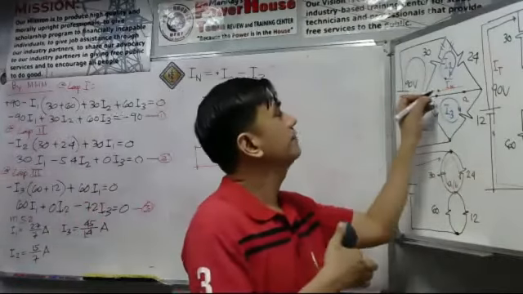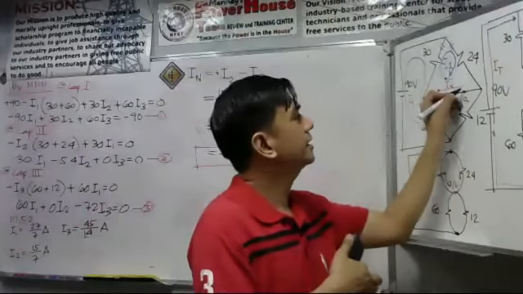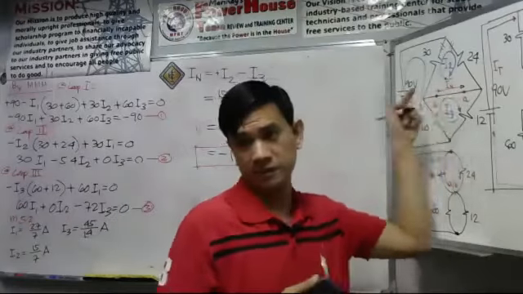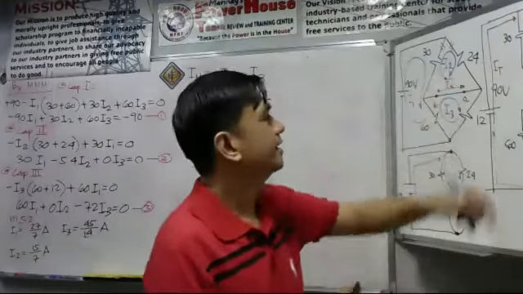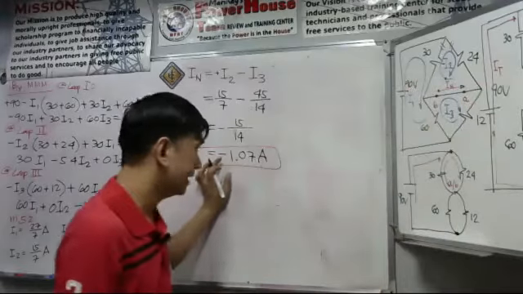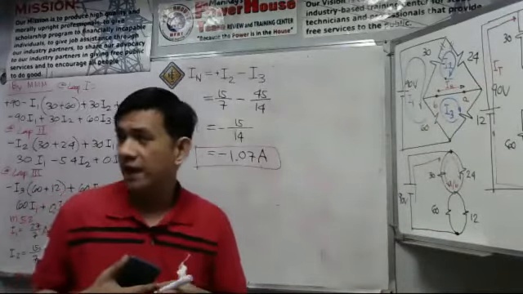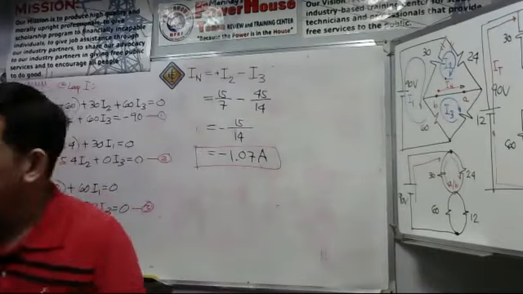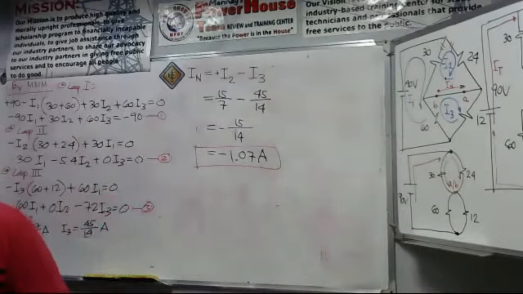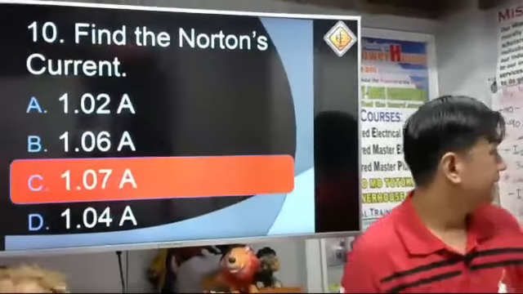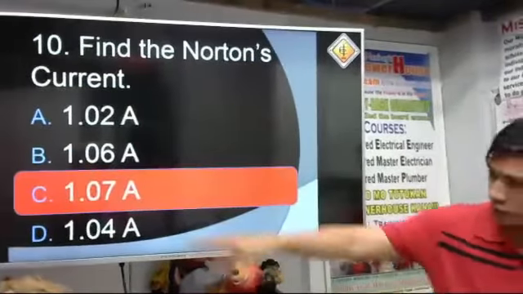Considering the conventional flow of current, your current I sub n must be going to the right, since it turned out negative. Anyway, what we want to get here is just the value, the magnitude, I mean. So for number 10, our answer will be letter C, 1.07.